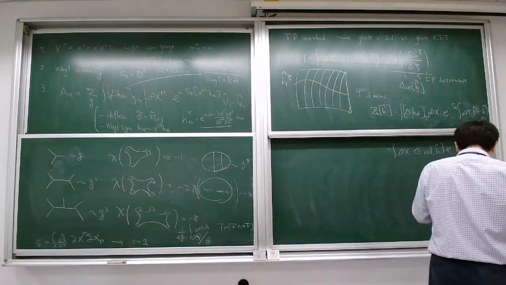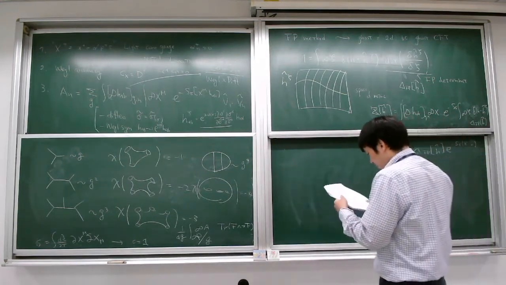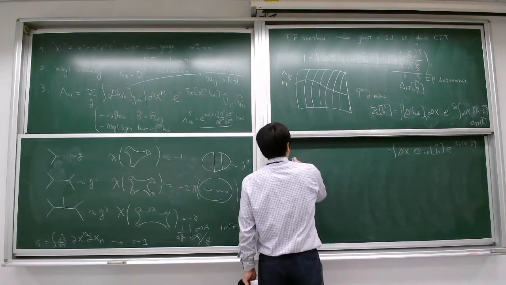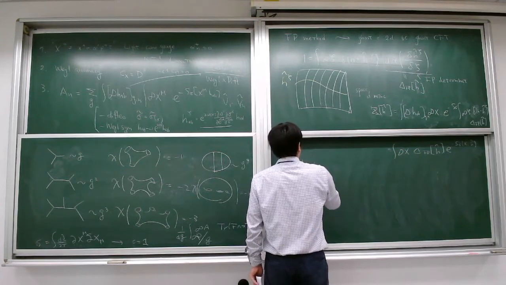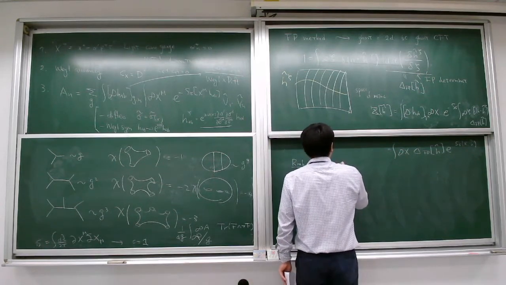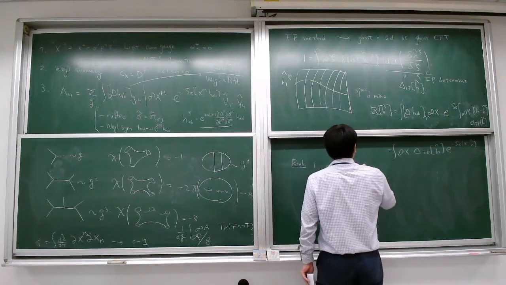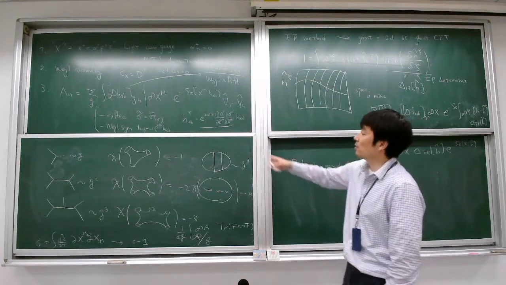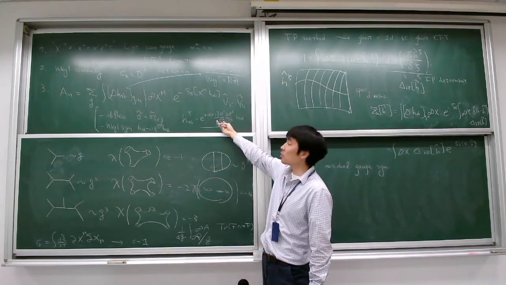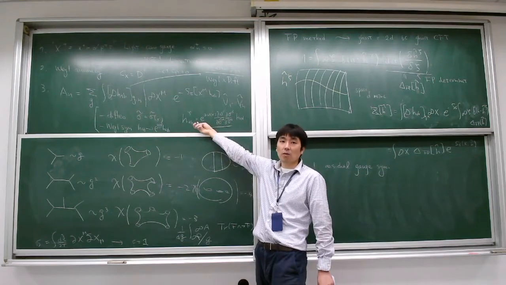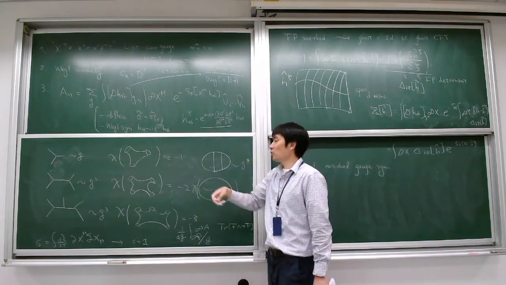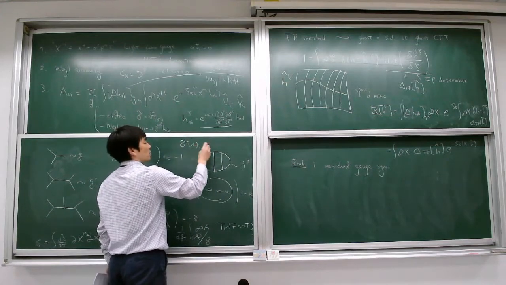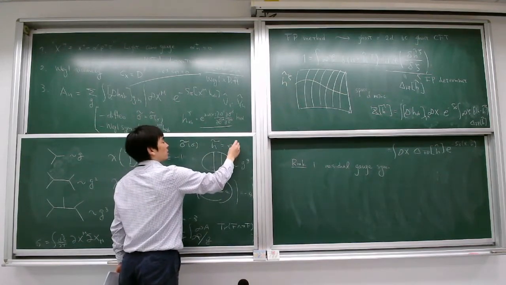One remark. Remark 1: there's some residual gauge symmetry you cannot fix. For instance, if you do the conformal transformation, you can cancel it with a Weyl transformation. The conformal transformation, as I explained, is a diffeomorphism such that the metric is multiplied by e to the some factor.